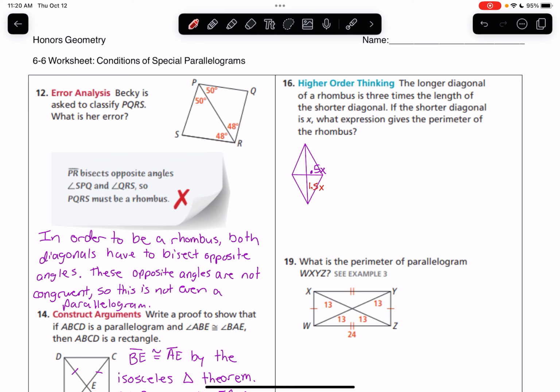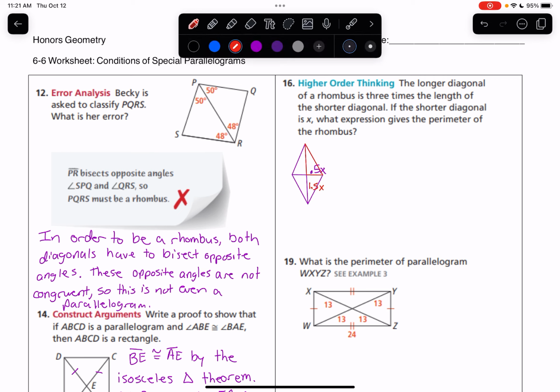If I'm trying to find the perimeter of a rhombus, I want to try and find the third side of one of the right triangles that makes up the rhombus. So I'm going to want to take the Pythagorean theorem with those two side lengths that I know. 0.5x squared plus 1.5x squared equals our hypotenuse squared.